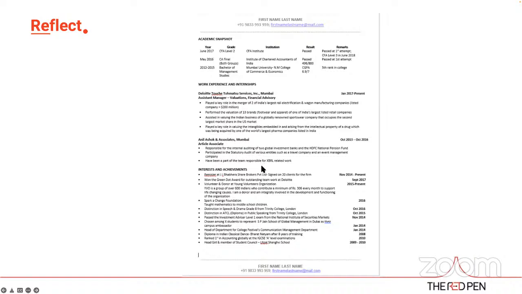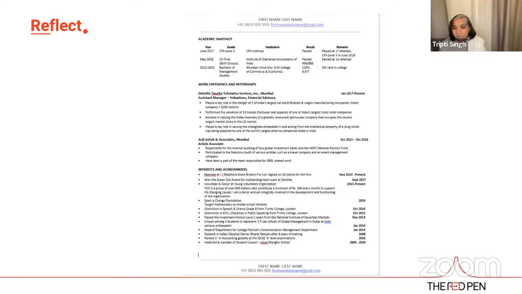Also, the initial academic snapshot is in a tabular format, right? So better formatted, you mean? The format should be better. Exactly. It's hard to understand what the person has done. Yes. So that was my two cents.